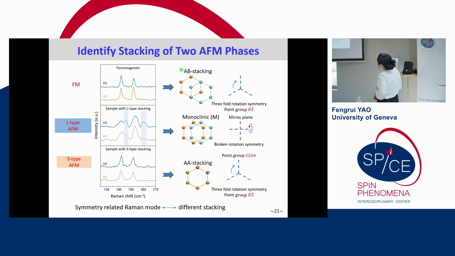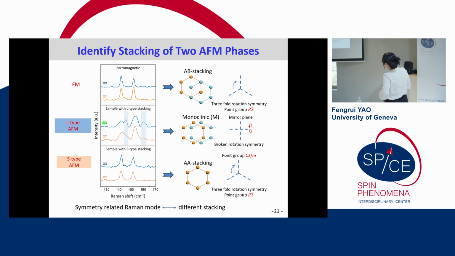For the ferromagnetic AB stacking, since it has three-fold rotation symmetry, it only shows two peaks without polarization-dependent behavior, where the polarization is measured with incident and outgoing light parallel or perpendicular. We call them X and XY here. And for monoclinic stacking, since its three-fold rotation symmetry is broken, we expect its Raman peaks to split.